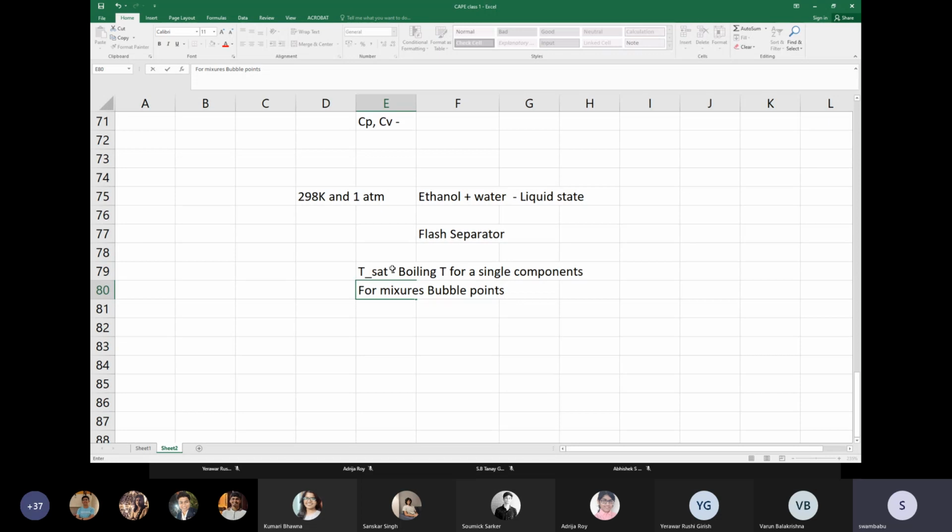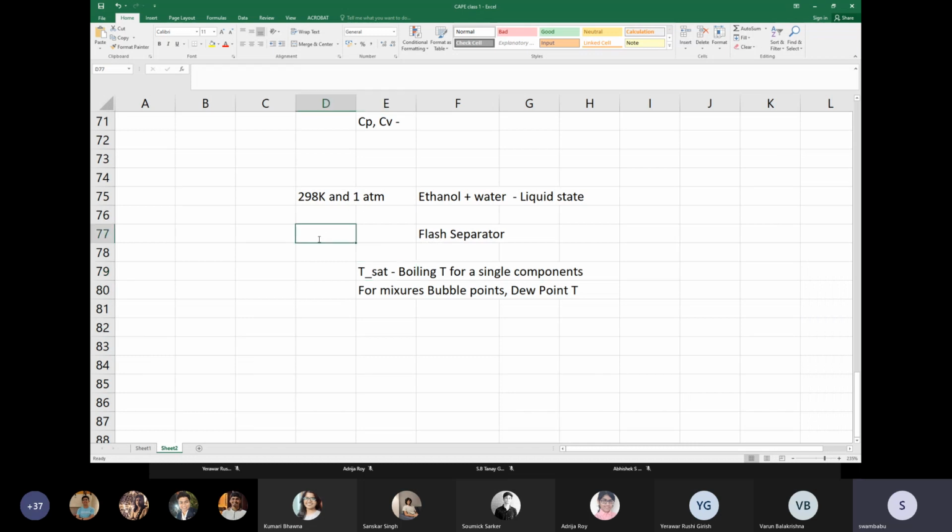For a mixture there is nothing called an exact specific thing, so bubble point or dew point temperature. So often saturation refers to the boiling point temperature for a single component. For mixtures, if it is greater than or equal to the bubble point temperature, that we call under the saturation conditions.